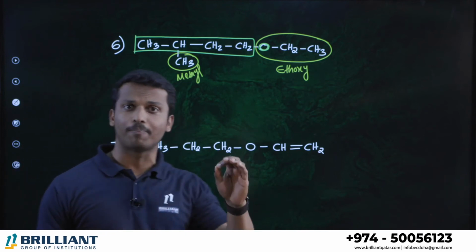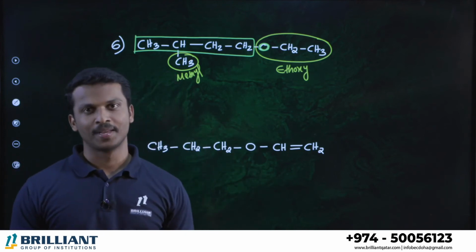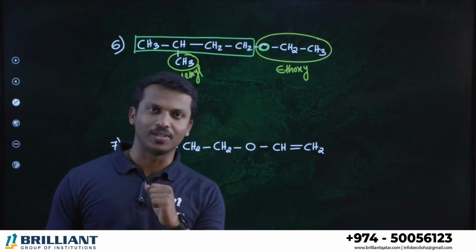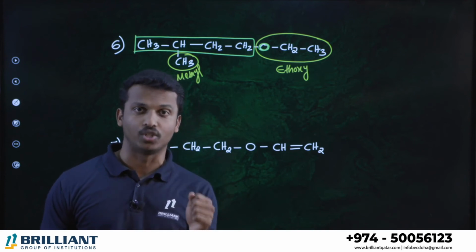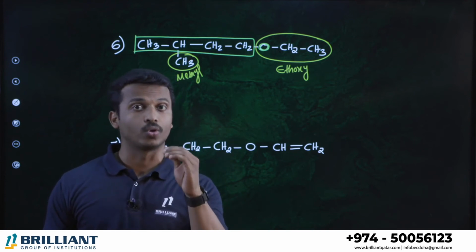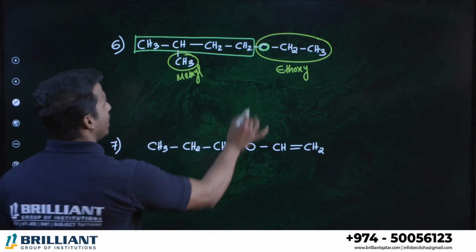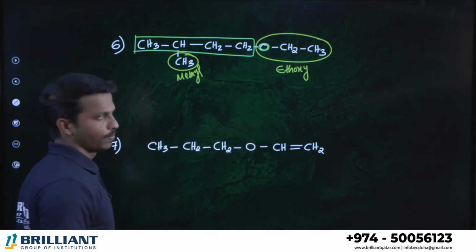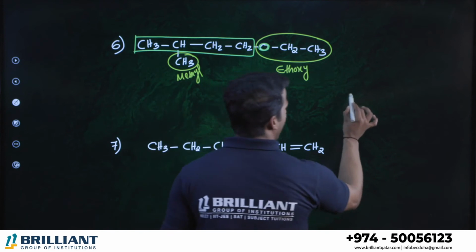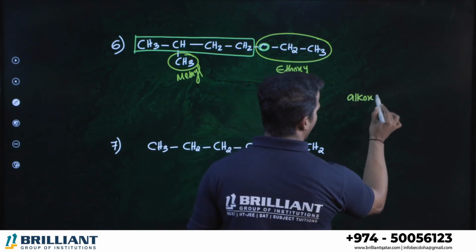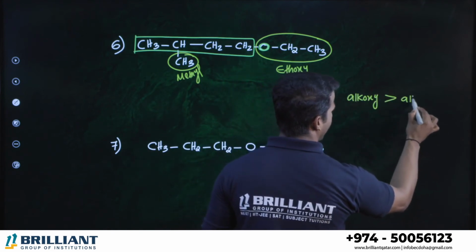After identifying the parent chain, we know the rule. We have to number the parent chain carbon atoms so that the branches get the lowest number. Here ethoxy is there, methyl is there. Dear student, please note it. Alkoxy group has more priority than alkyl group.